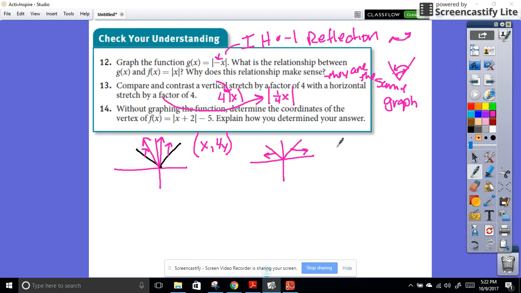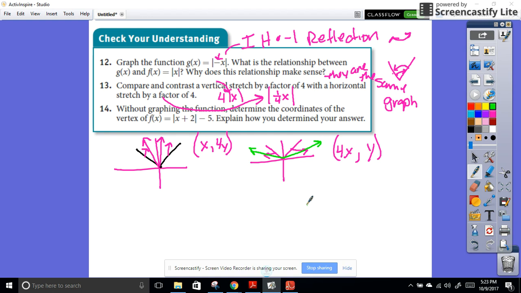You're going to have to take each one of your x values and make it 4 times bigger in order to keep the same y value. The new graph, I should have done it in a different color, is going to be 4 times bigger. So we stretched it out.